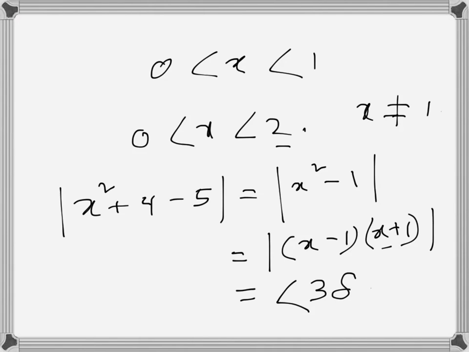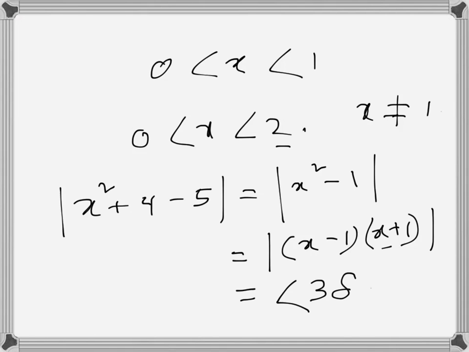So from here we get that delta has to be epsilon over 3, because we want this one to be less than epsilon. That's what we want to finally achieve.